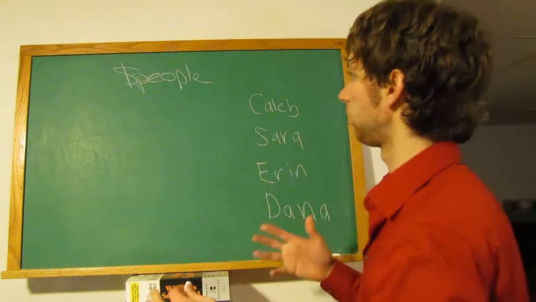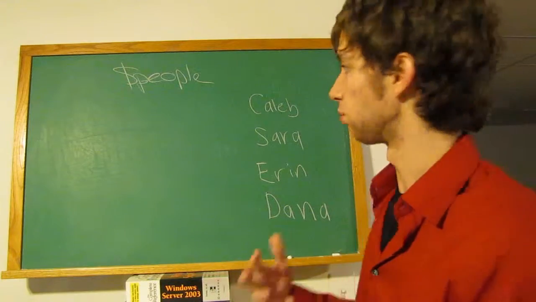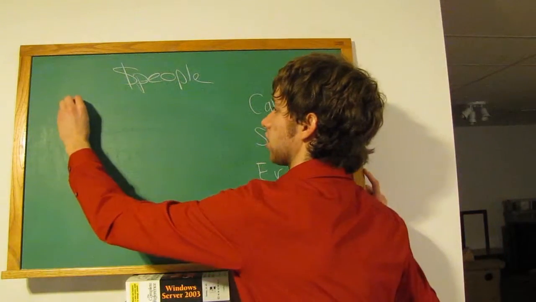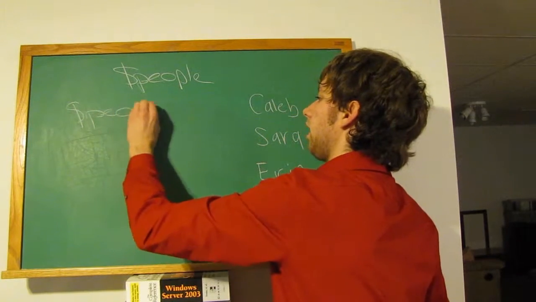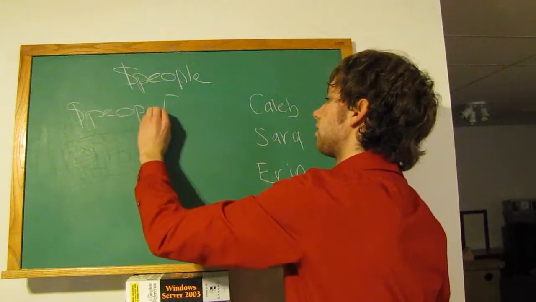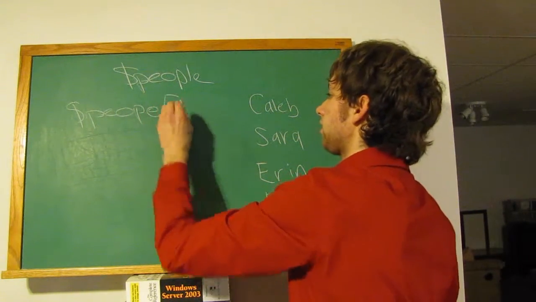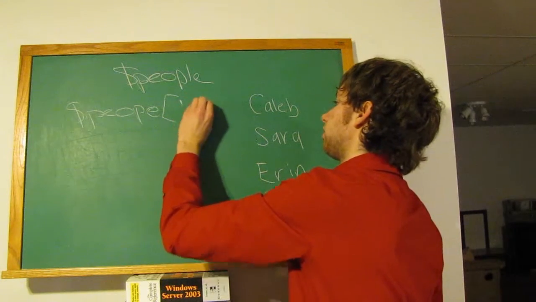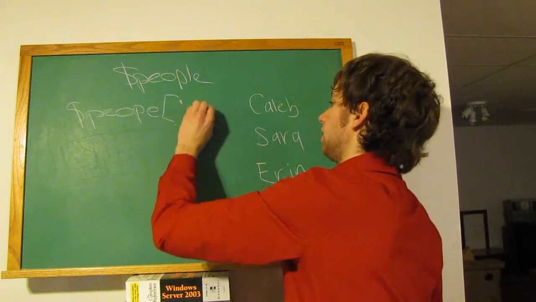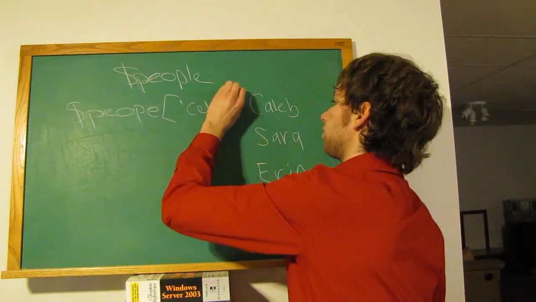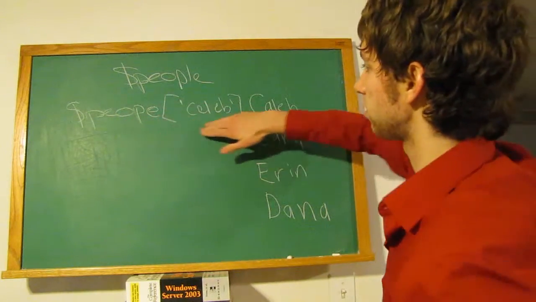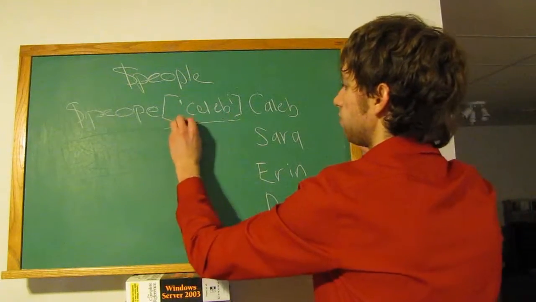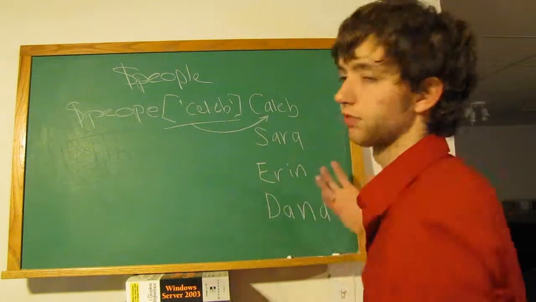And if we wanted an associative array, we would do something such as people, and then within the square brackets, we have a string that says, for example, a nickname. Just making something up, celeb. This is an associative array where celeb points to the value Caleb.